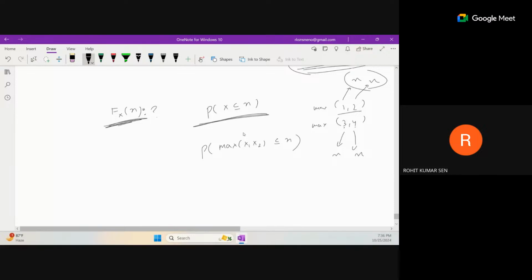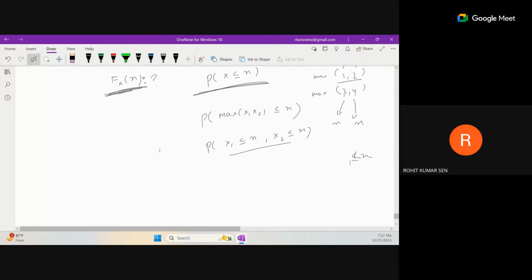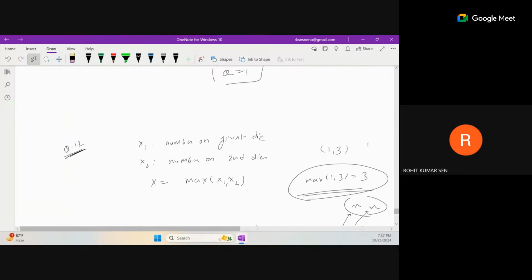So I will use that here. If max of X1 comma X2 is lesser than or equal to x, then X1 should be lesser than or equal to x, and X2 should be lesser than or equal to x. If that is the case, the max will also be lesser than or equal to x.